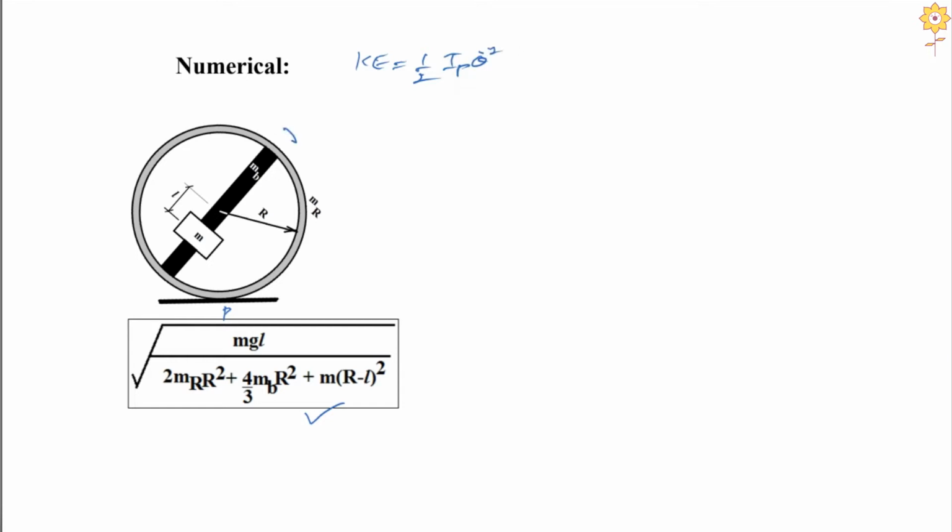So theta is the angle of oscillation, and plus half into the mass moment of inertia about point P for the bar. So this is for the bar. Now this should be for the ring, right? Into theta dot squared plus half into I about P into theta dot squared for the block of mass m, right?